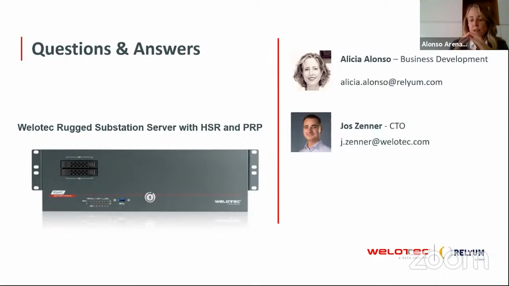The central switches don't implement duplication or discarding of the frames. This is implemented in the dual attached nodes. So many devices, IEDs already support this red box technology. And this is the case of the computer that Josh explained.